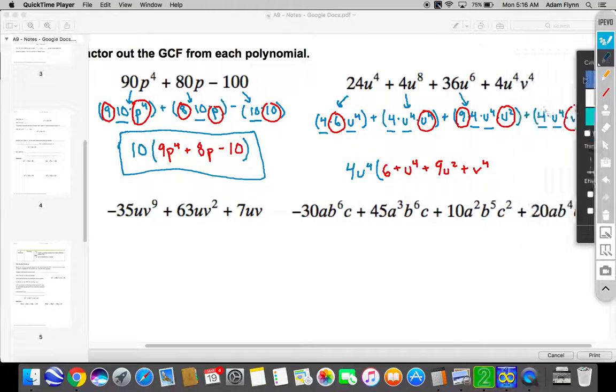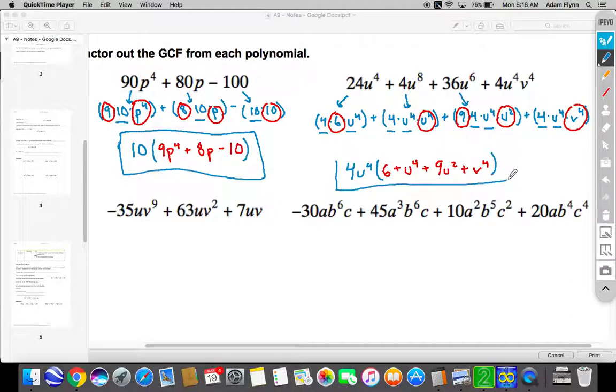So now I have factored out the greatest common factor, breaking this polynomial down into more manageable parts.